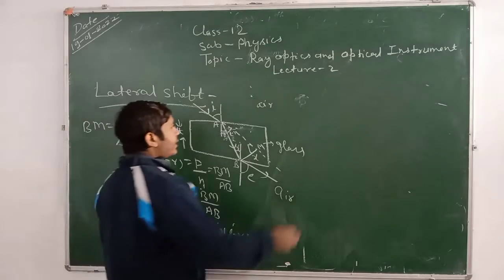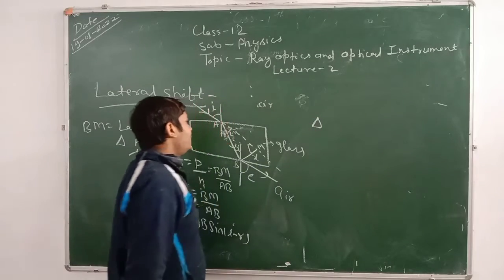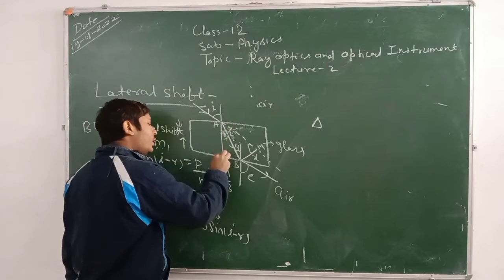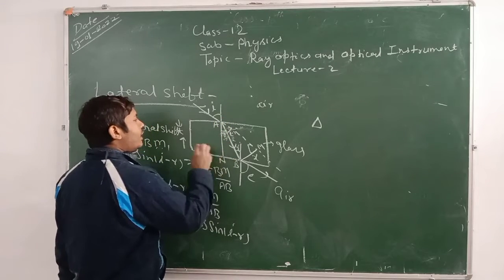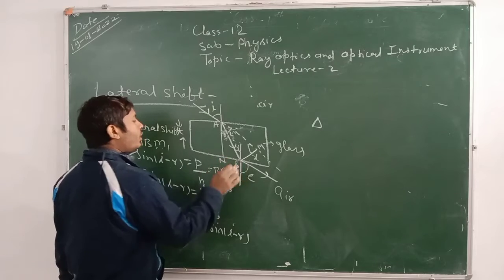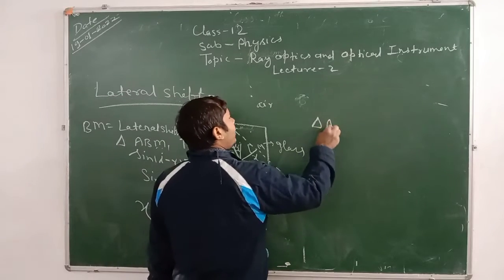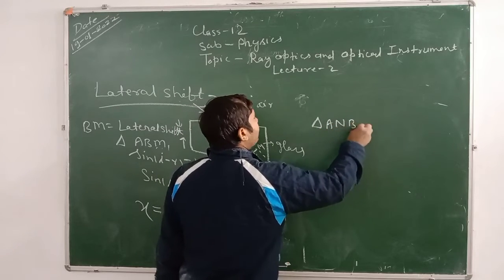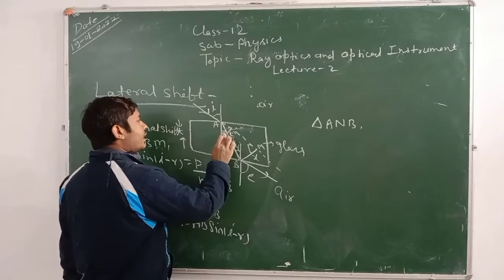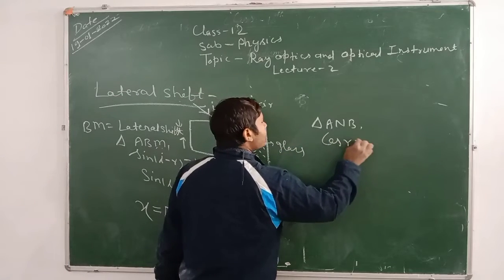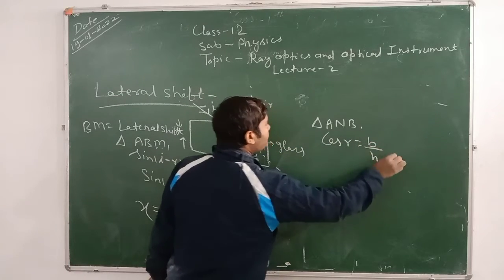Now look, in the second triangle that I am taking here, I am drawing a perpendicular. This perpendicular is AN, the perpendicular on BN. So I am taking the triangle ANB. This angle is R. So what will be cos R? Cos R will be equal to base upon hypotenuse.